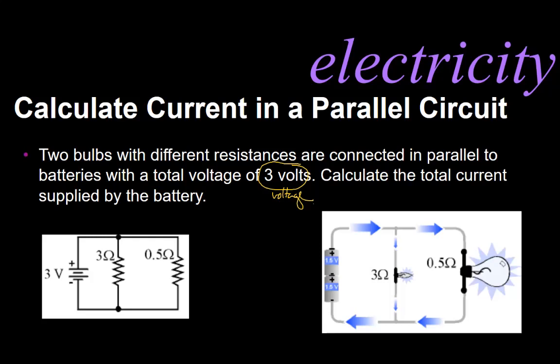Now, remember 1 over R total is equal to 1 over 3 ohms plus 1 over 0.5 ohms.